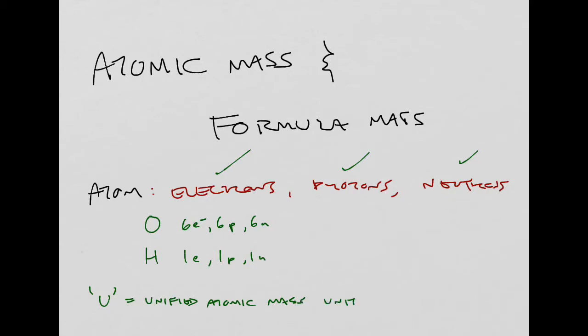It used to be called just atomic mass unit, and it's largely the same as the old atomic mass unit, but it's a little bit more accurate nowadays when we call it unified atomic mass unit.